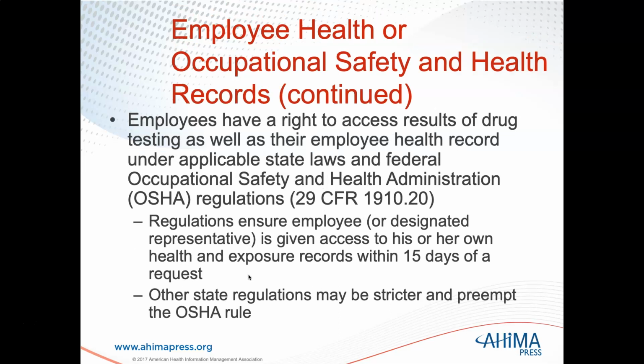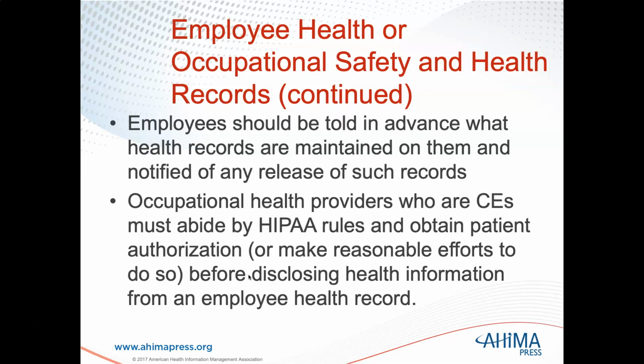Employees have the right to access results of drug testing as well as their employee health record. So they have to be given access within 15 days of request. Some state laws are stricter and preempt the OSHA law. So it's, again, whichever rule is stricter, whether it's OSHA or the state.